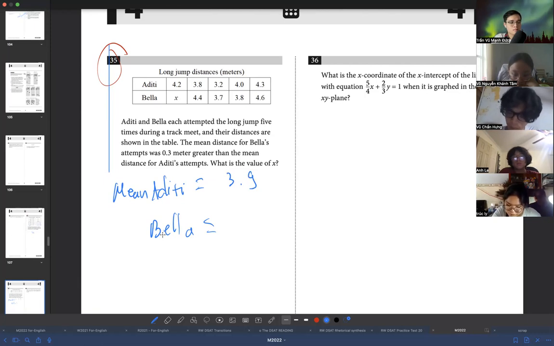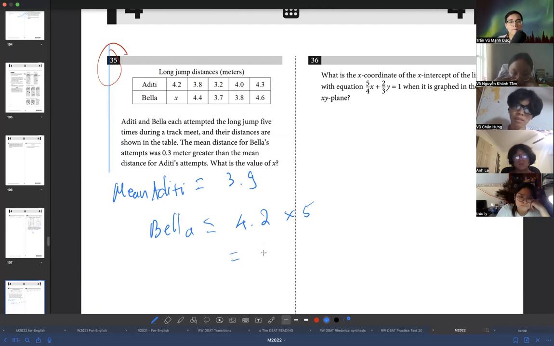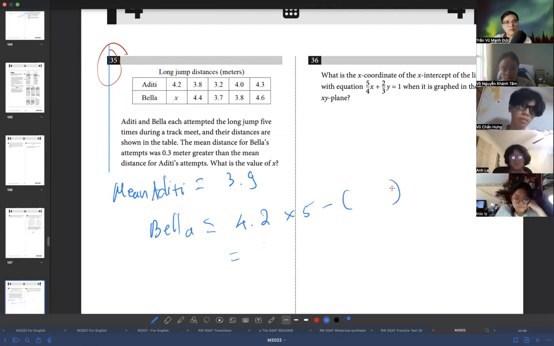Then I take 3.9 plus 0.3, that gives me 4.2. And I take 4.2 times 5, which is the number of attempts in Bella's attempts. Then take that number and subtract all of the rest from Bella's attempts. That leaves me with 3.